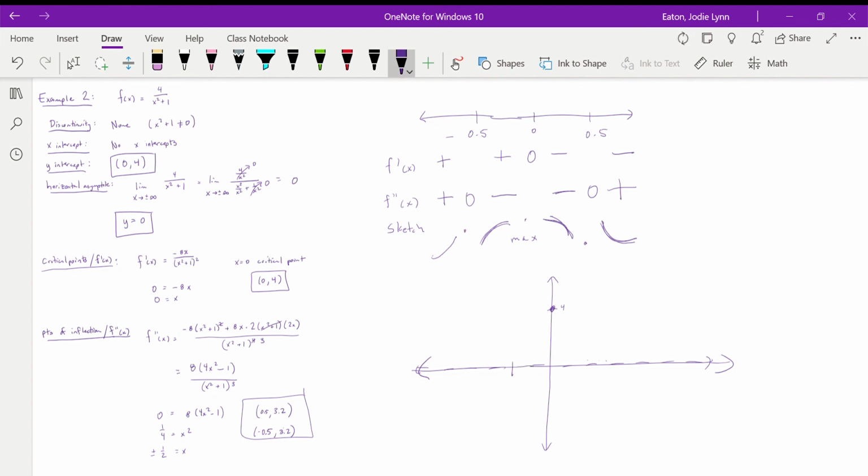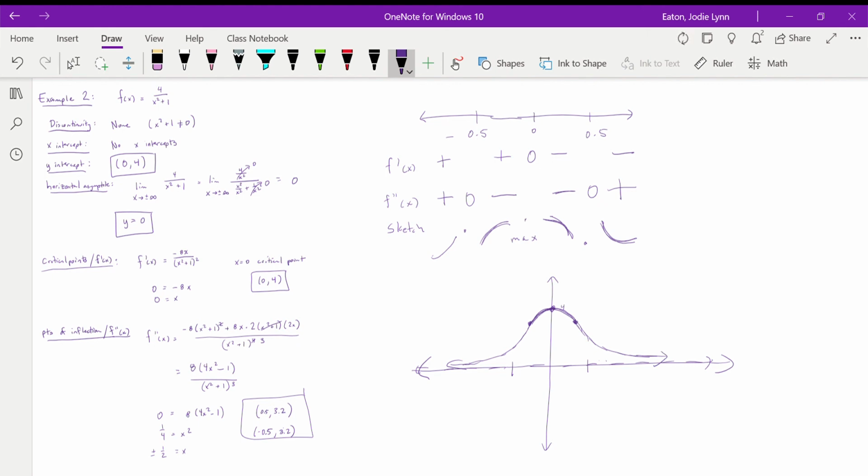I know that I have a point that is (1/2, 3.2), so it's going to be somewhere right around here, and (negative 1/2, 3.2), so it's going to be like that. That's going to be my point of inflection. So between here and here, my points of inflection, there's my local max, and then at that point of inflection, I am going to flip to being concave down. So, and then I'm going to head out for my horizontal asymptote.